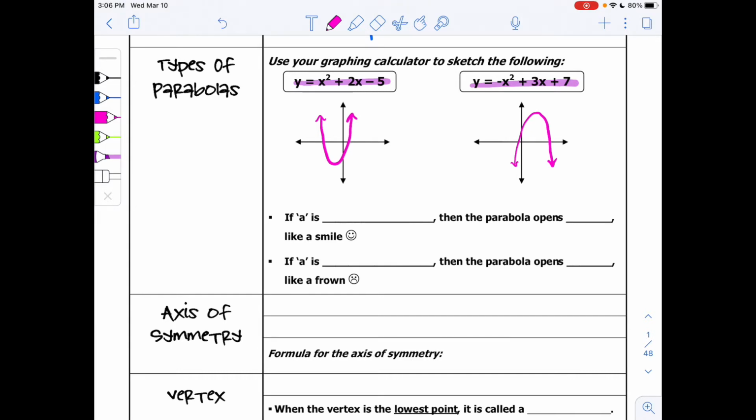Now let's talk about some specific characteristics of this parabola. One of the specific characteristics is this point down here. This point is called your vertex. Your other parabola that opens downward also has a vertex, but it's up at the top.